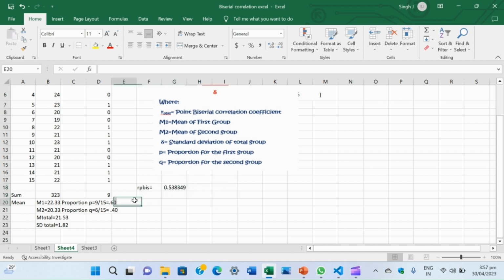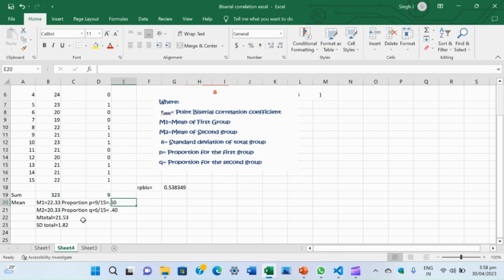Here you can see the mean of the first group is 22.33. This is the mean of the scores of 9 students who attempted it correctly, and M2, the mean of the second group, is 20.33, and the mean of the total group is 21.33.